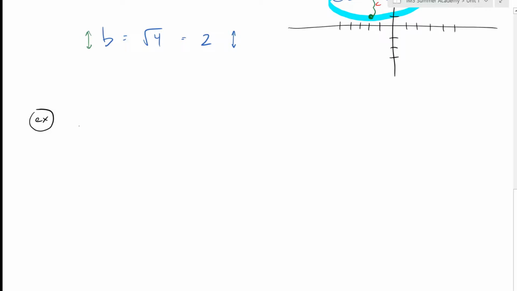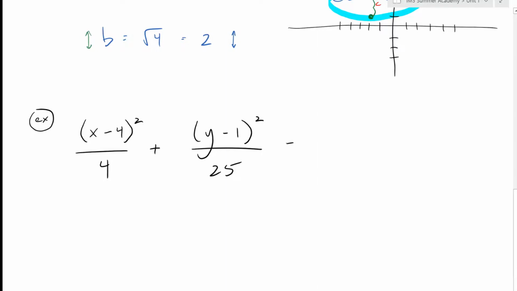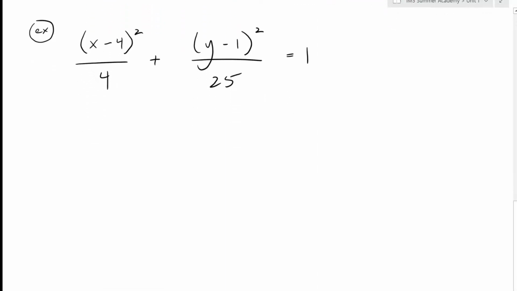Let's say they gave us x minus 4 squared over 4 plus y minus 1 squared over 25 equals 1, and they want us to graph that. Again, we can tell this is an ellipse because it's fractions, they're being added together, it's set equal to 1, not a circle this time.